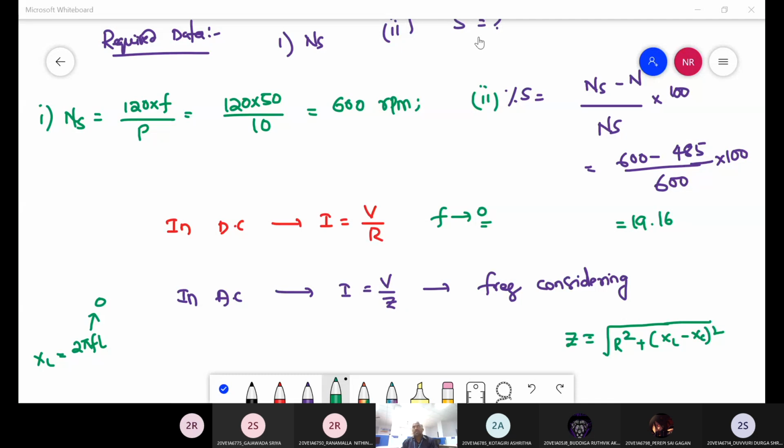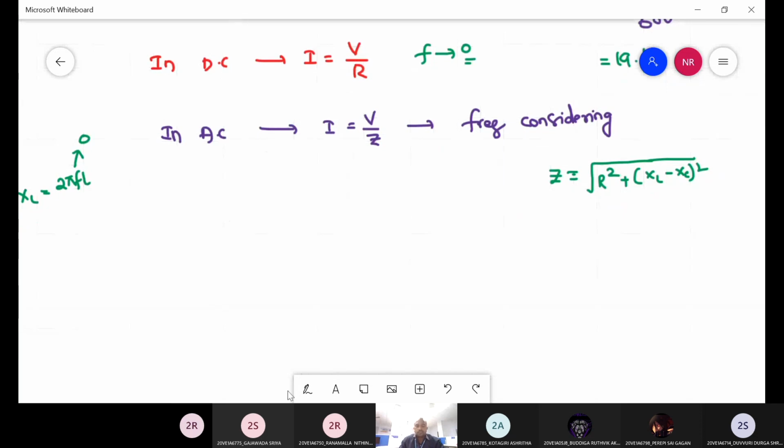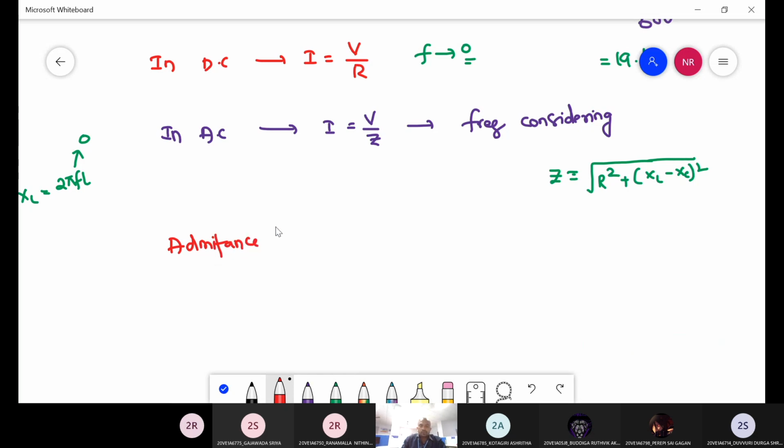In place of reactance, we have the susceptance. Admittance is 1 by Z. Admittance we denote with Y, and it is equal to 1 by Z.